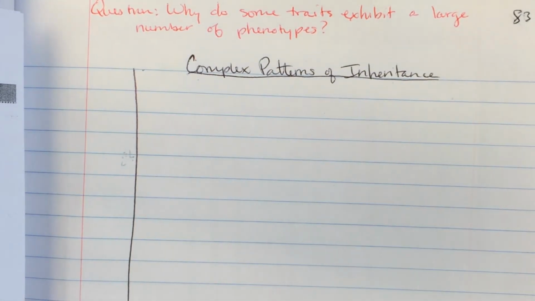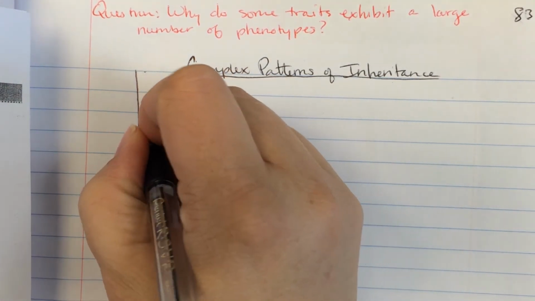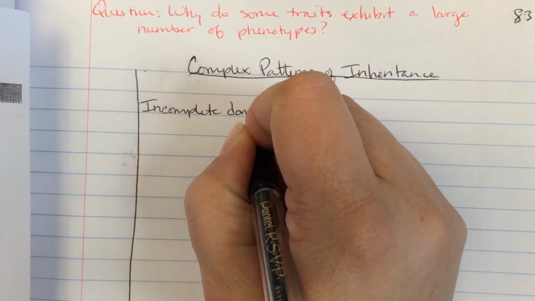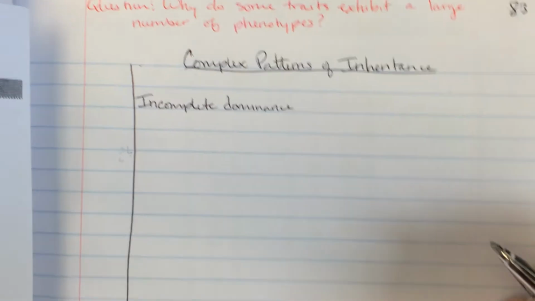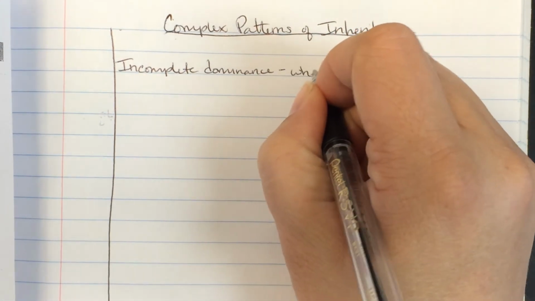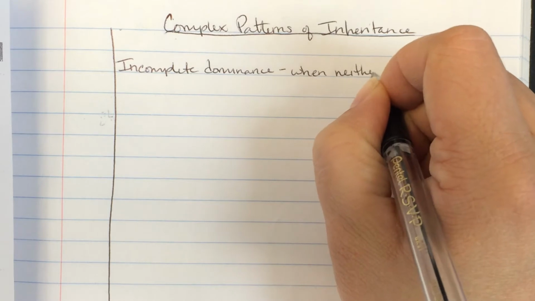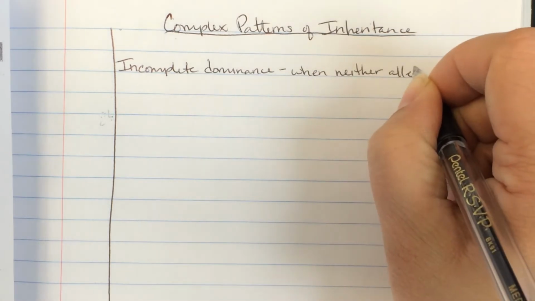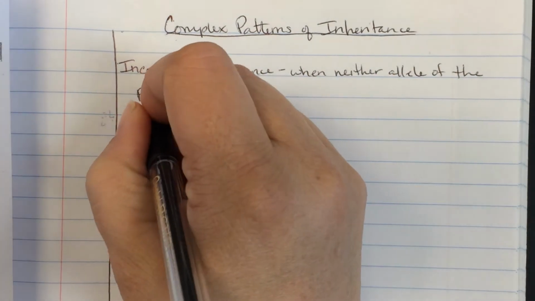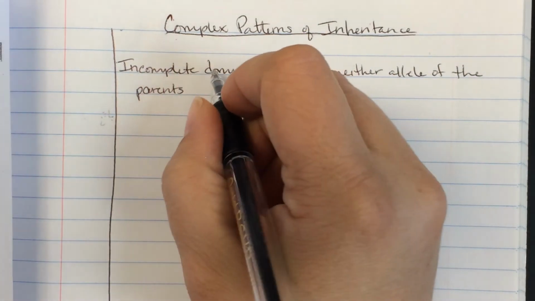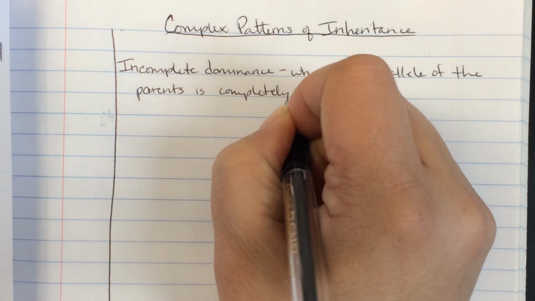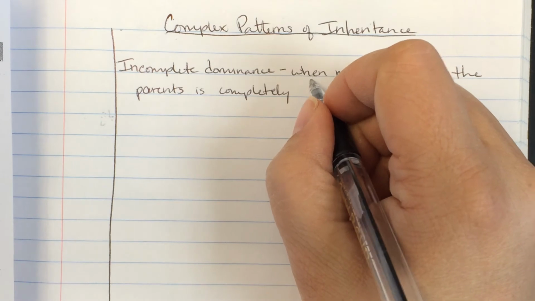So we have different types of dominance. The first one is incomplete dominance. If it's incomplete, it means it's not totally one thing or another. This is when neither allele of the parents is completely dominant.